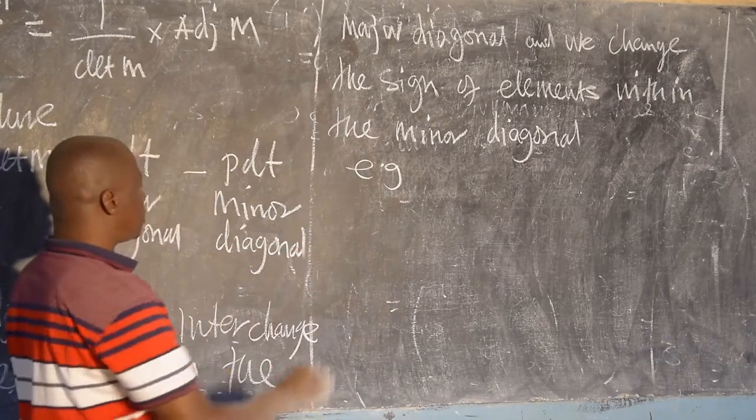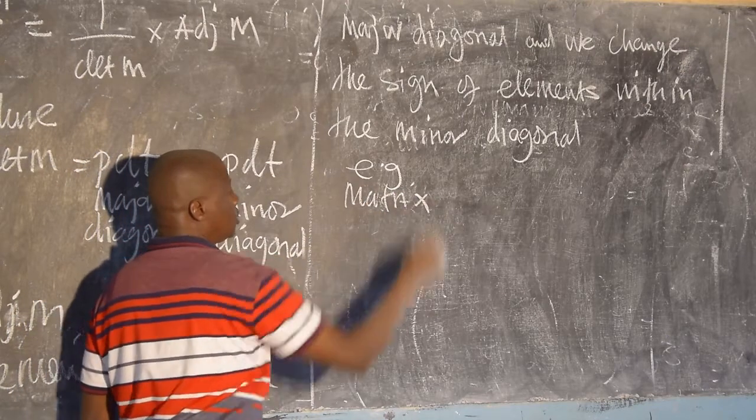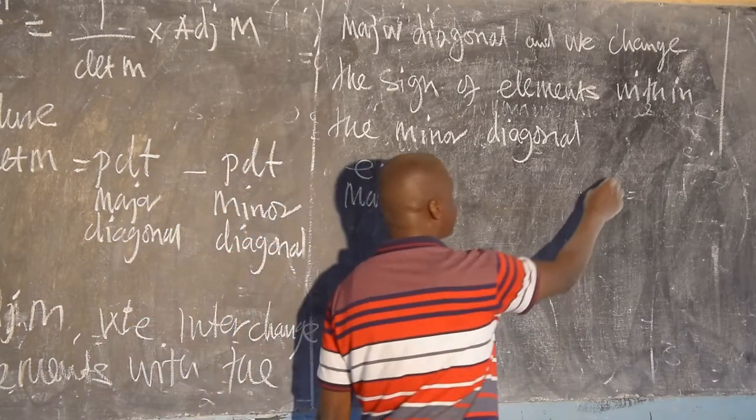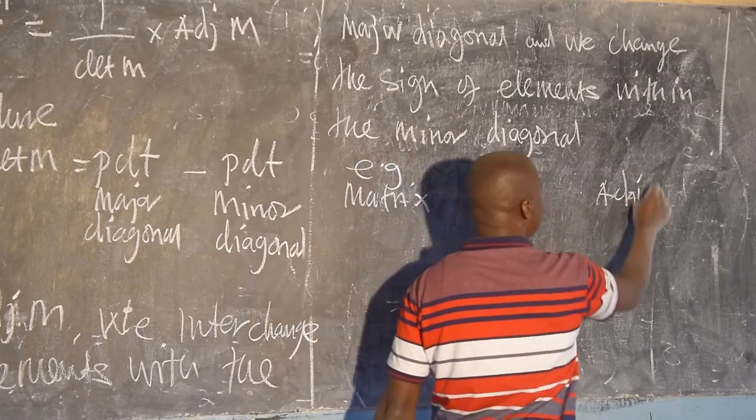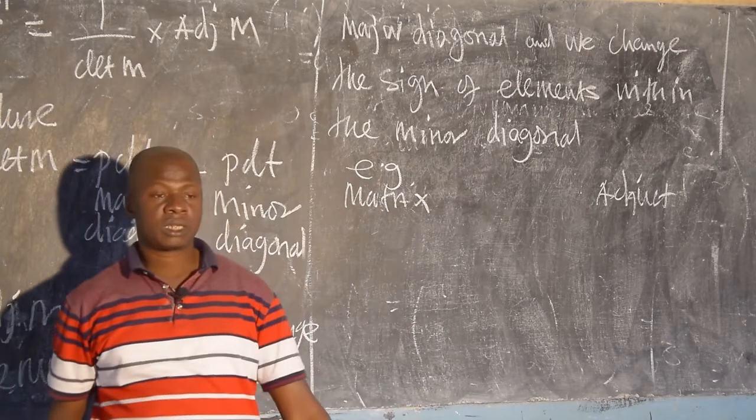Take an example. We have a matrix here. Then here we have the adjunct or semi-inverse.